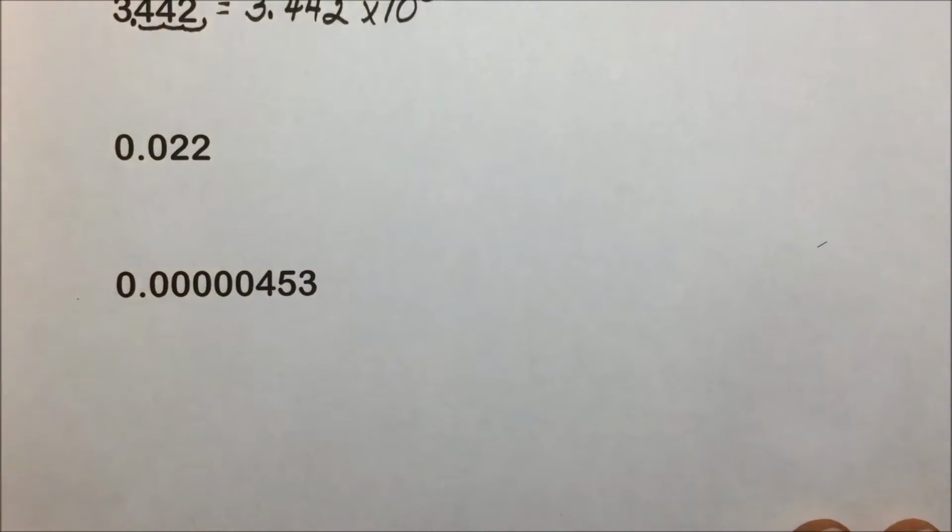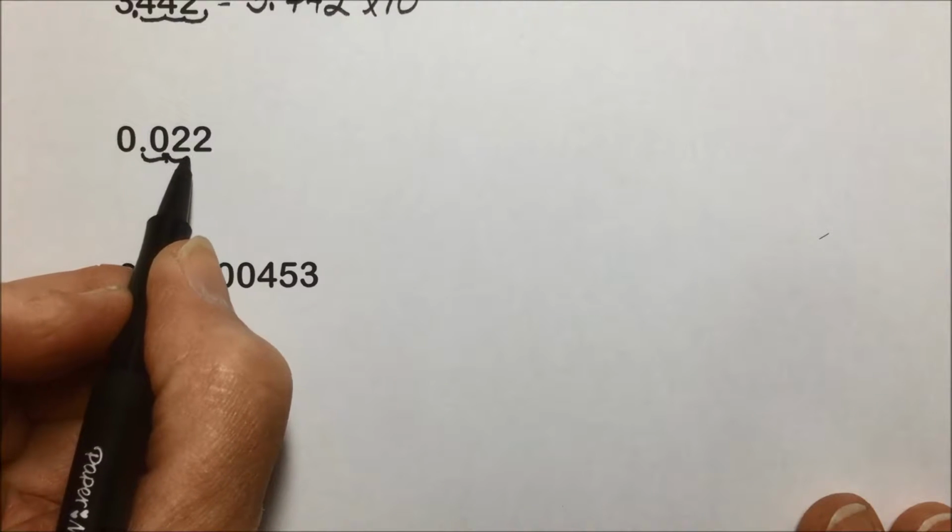In these next two examples, we have small numbers, and to the left of the decimal we have 0. For scientific notation, we want a single digit 1 through 9, so we need, in this case, to multiply by a power of 10. That doesn't do it, and another power of 10. And to counter that multiply by 10 to the second, we divide by 10 to the second.